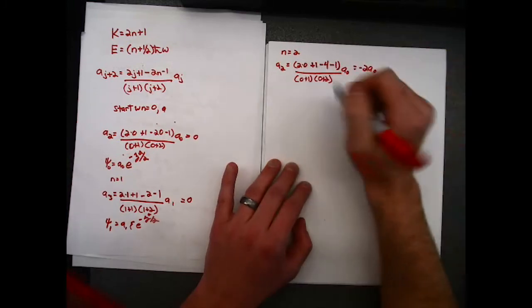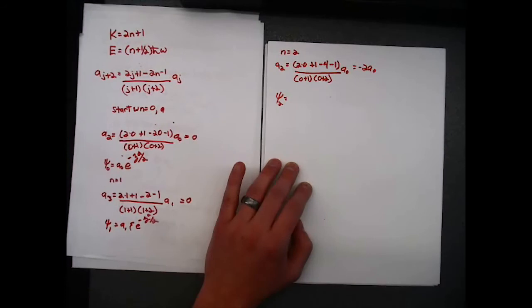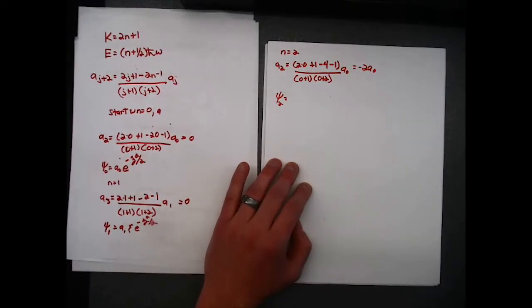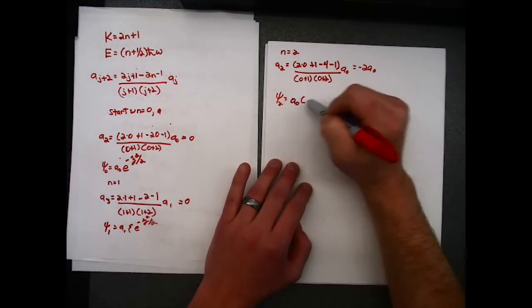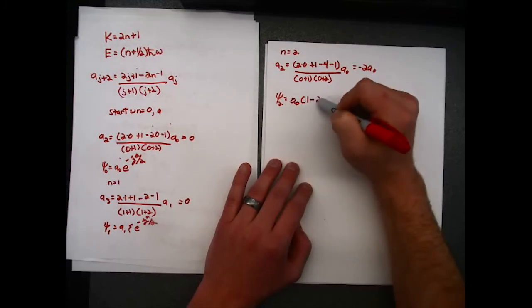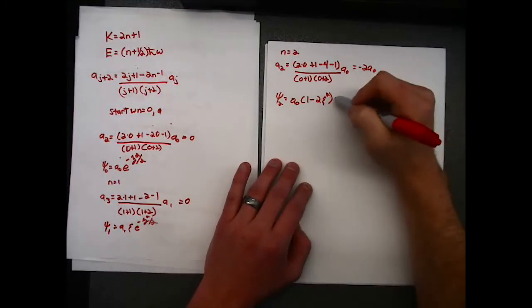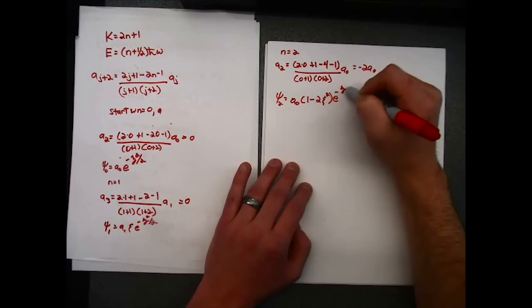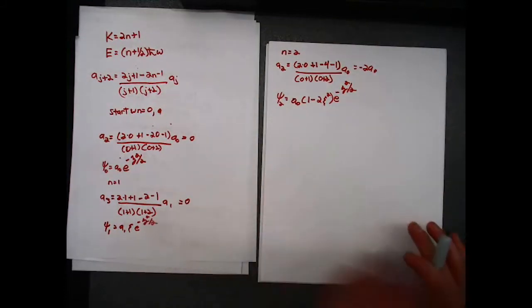And so our wave function, psi 2, is going to be equal to a0 times 1 minus 2 c squared times e to the minus c squared over 2. Okay?